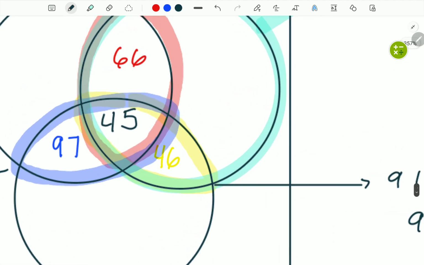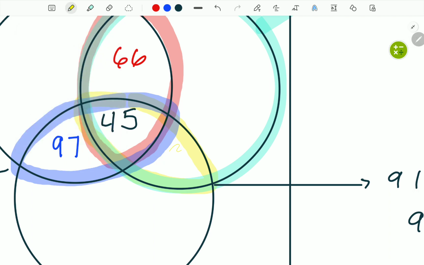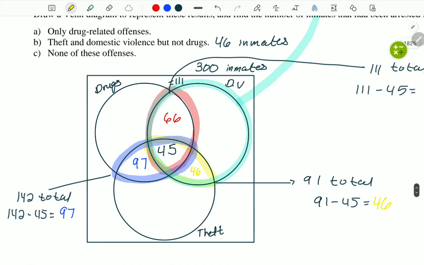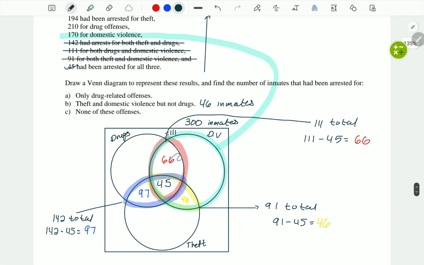Let's zoom in a little bit. Let's just rewrite this 46 a little bit better for more clarity. There we go. Because the sum of the circle must be 170, and so far we have 66, 45, and 46 inside, let's add, then subtract. So this is going to be 170 in total.